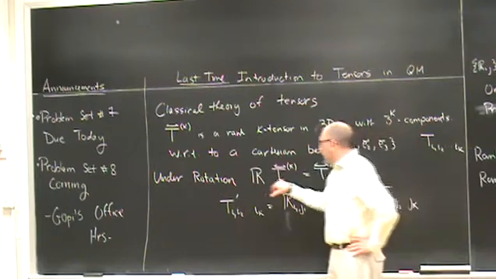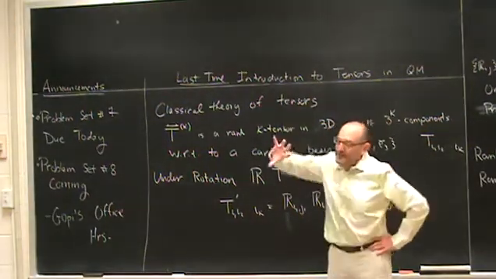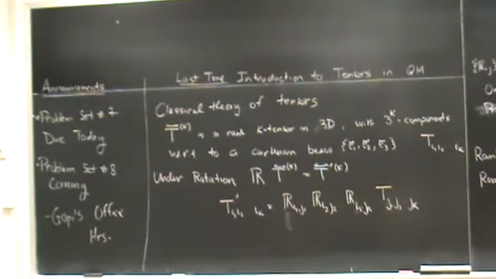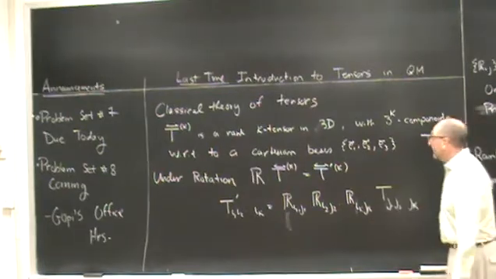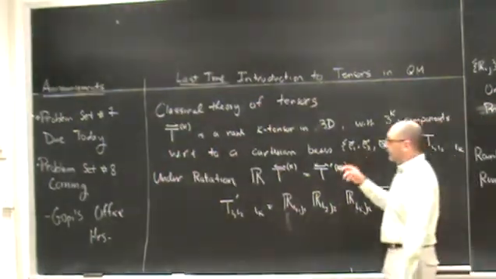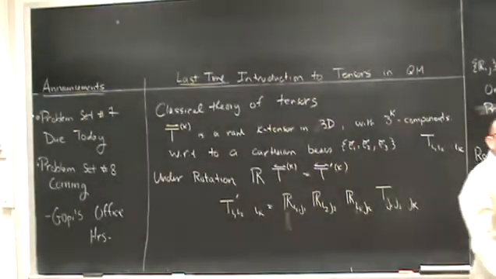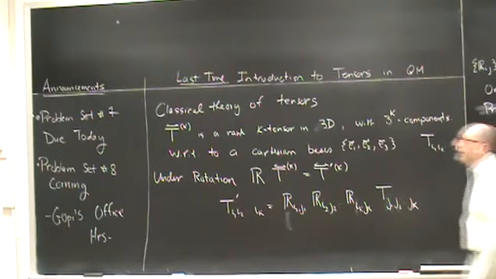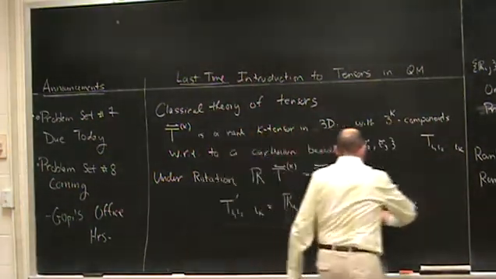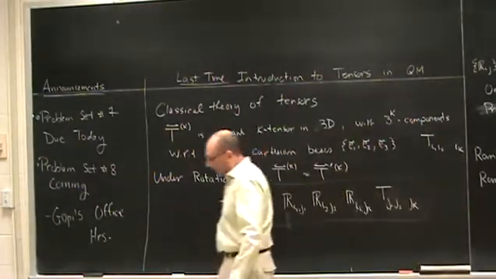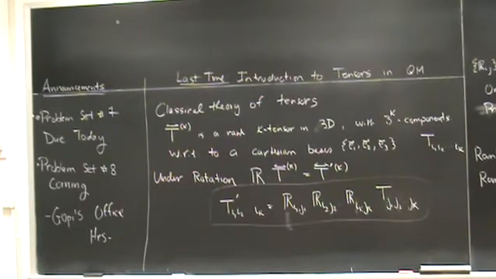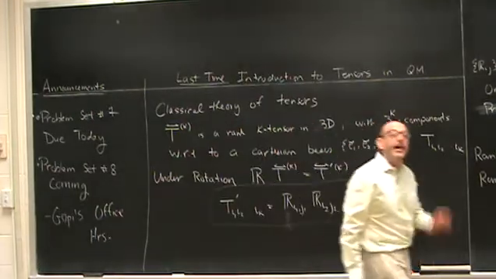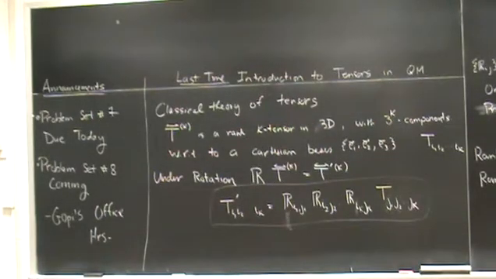Under a rotation, the geometric object gets rotated to another geometric object, and that new geometric object has components with respect to this coordinate system, and what defines it to be a rank K tensor is if the components with respect to the rotated object are related to the components before the rotation by a series of rotation matrices. That's what defines it to be a rank K tensor.